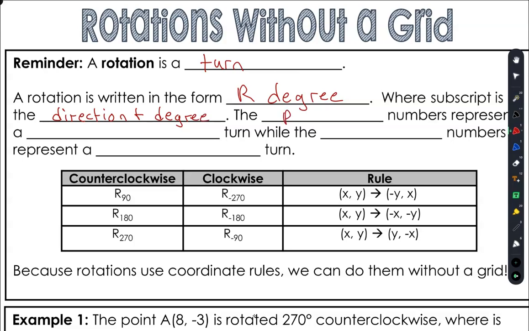The positive number represents a counterclockwise turn, while the negative number represents a clockwise turn.